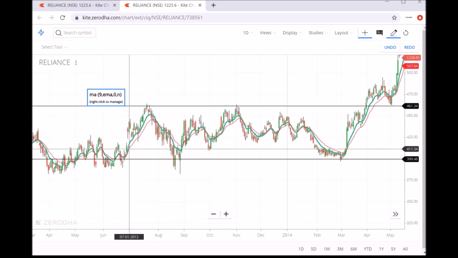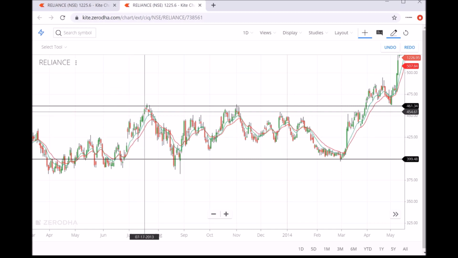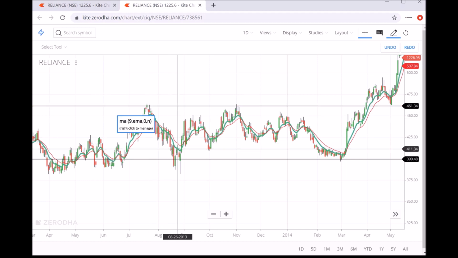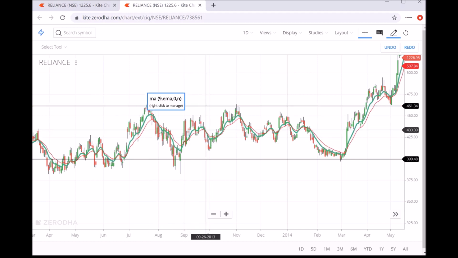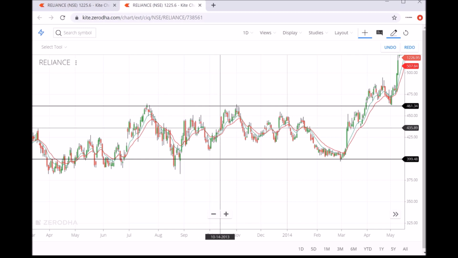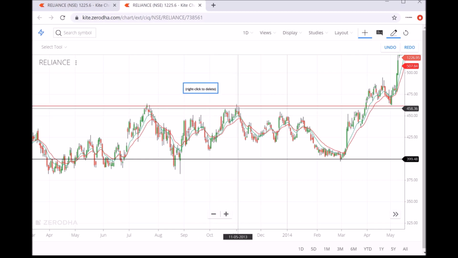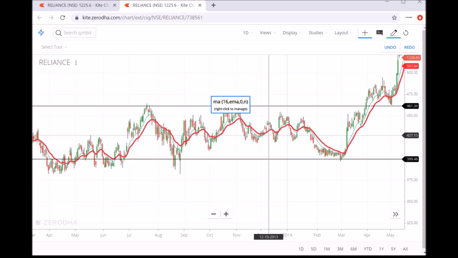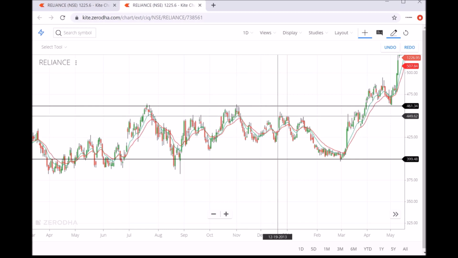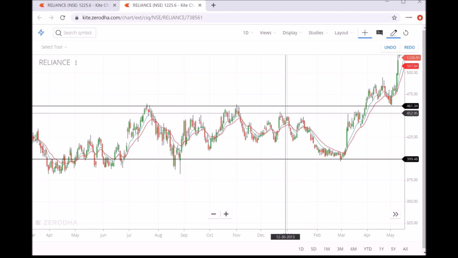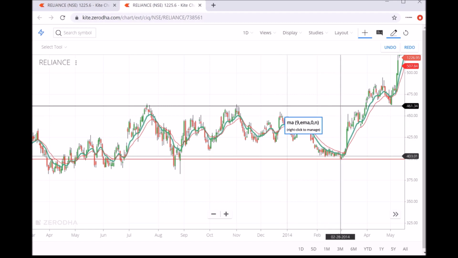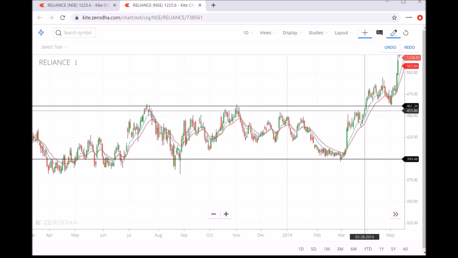Once the price comes from 404, goes up, hits 461, comes down. Then again it tries to breach this price, goes up, takes around 3 weeks, again hits 460, comes down. Then it again tries to go up, but this time it was able to go till 450 only, and comes down. Then the third time it goes up and breaks this price.